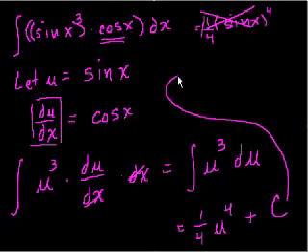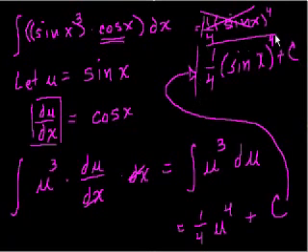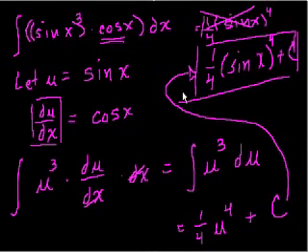So u is just sine of x, that's what we said in the beginning. 1/4 sine of x to the fourth plus c. Done. Actually, this might be an easier way to think about these types of integrals than what I did in the last presentation. But every now and then you have to bear with me. I do things in the wrong order.